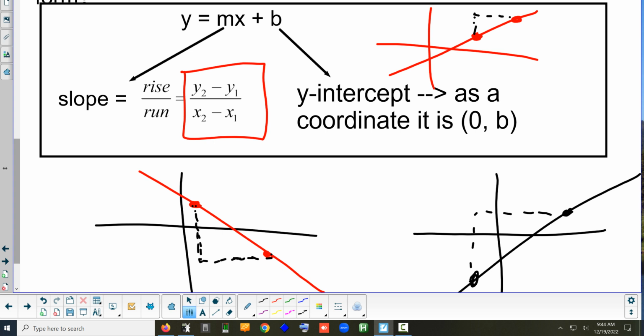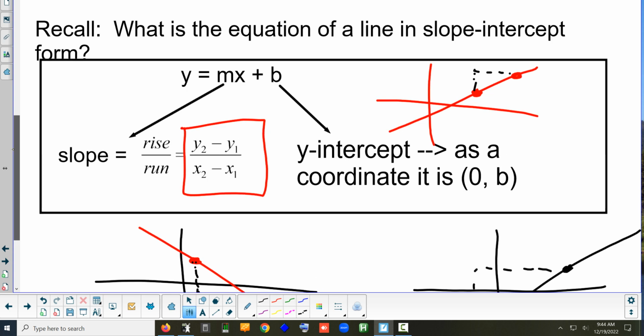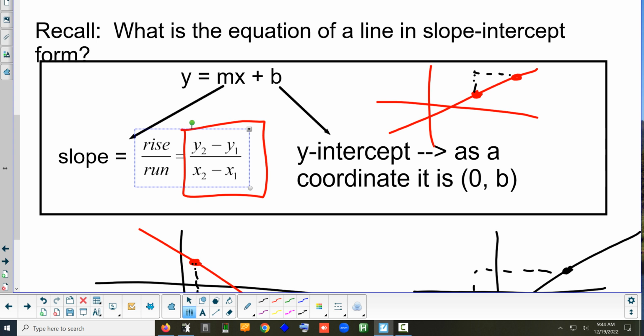This formula is how you find the slope if you can't count it on graph paper. It's just using numbers. So these x values in the bottom and the y values in the top would represent numbers in a coordinate. The reason there's 4 numbers here is because you'd have 2 coordinates. The first coordinate has 2 numbers in it. The second coordinate has 2 numbers in it.